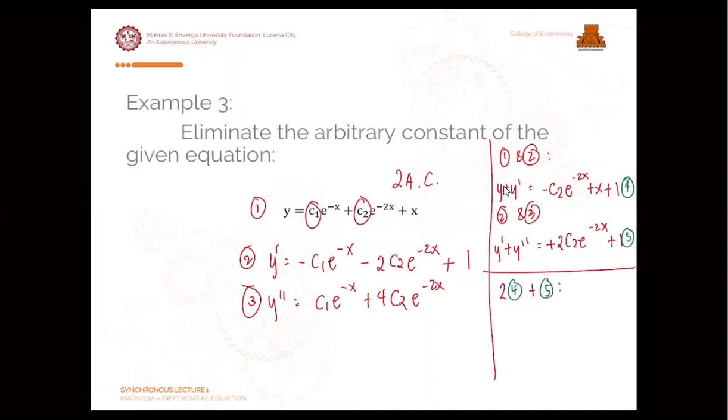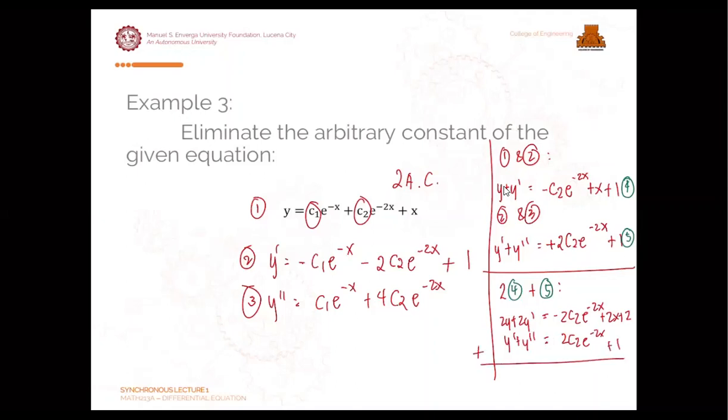Okay, so pag minultiply sa 2 yung equation 4, we have 2y plus 2y prime is equals to negative 2c2 e negative 2x plus 2x plus 2. Okay? Plus yung 5 natin is y prime plus y double prime is equals to 2c2 e negative 2x plus 1. Okay? Kunin natin yung sum.